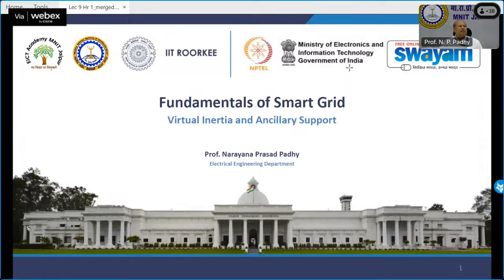But everyone is generating P because they get paid for P. So if everyone generates P, what will happen to the system? Who will meet my inductive load? How will the induction machine run? Everyone is making money by giving real power only. So someone has to give reactive power, and there is no money for reactive power. So that's why reactive power pricing has been introduced slowly.